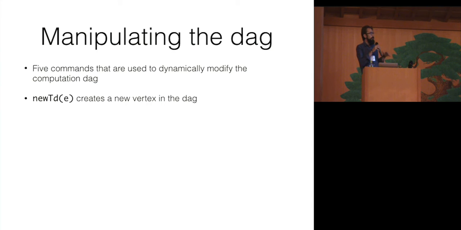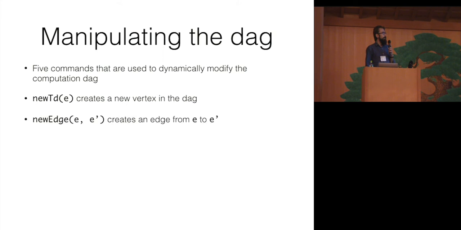The first, most obvious one is a command that creates a new vertex in the DAG. It takes a computation and creates a fresh vertex with that associated computation. And equally obviously, we can create edges between vertices.